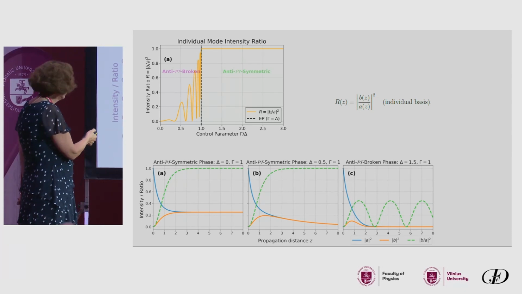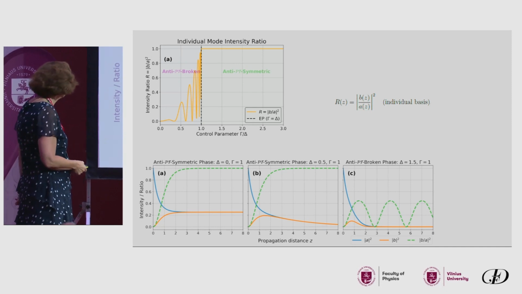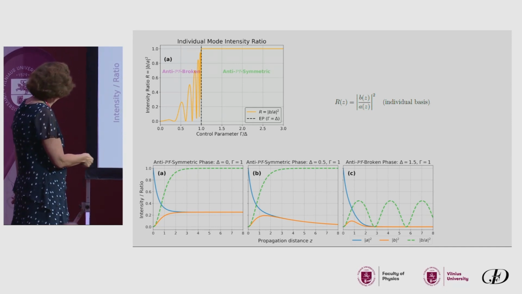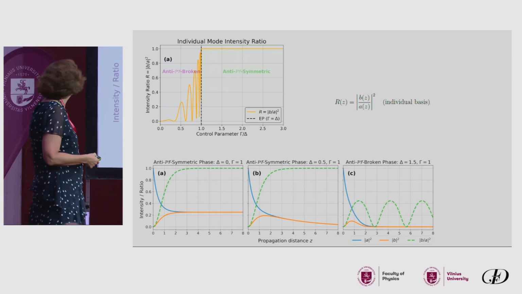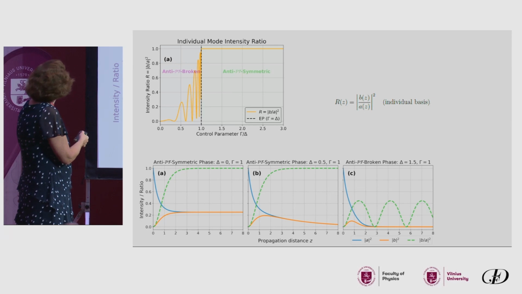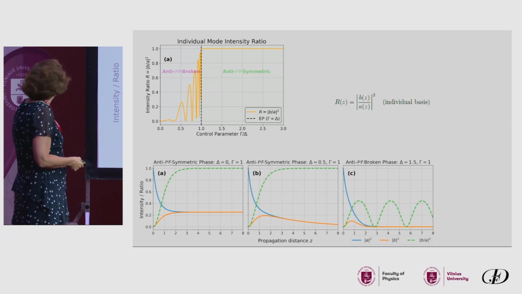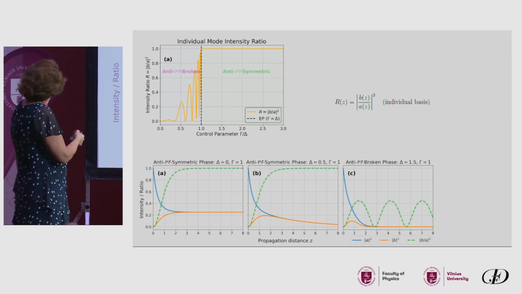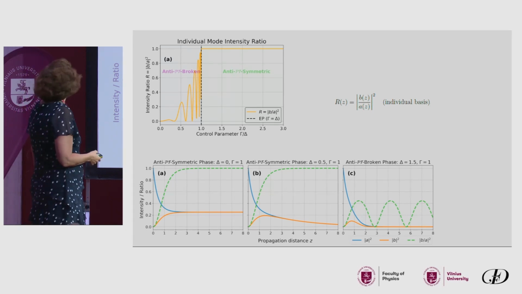Here, changing the values of detuning, I can see different behavior. Here you see the equalization between the modes. Here you have decay and typical oscillatory behavior. And in terms of the intensity ratio, there is a very clear demarcation from oscillatory behavior to just leveling at 1.